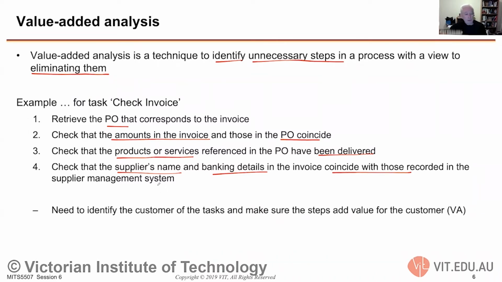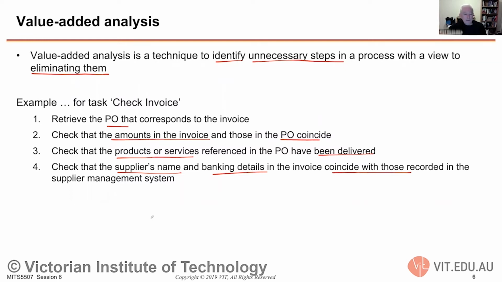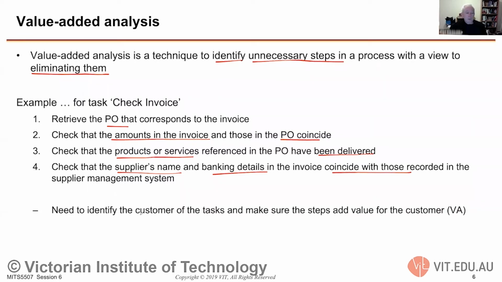What we need to identify is the customer of the task. Given a business process model, obviously there's a customer of a business process. So we need to identify the customer of the task and make sure that any of the steps here are adding value for the customer. So they're valuating. Are these all valuating?